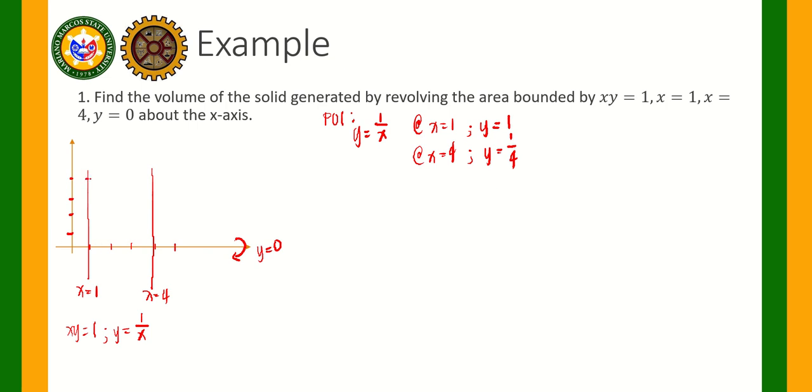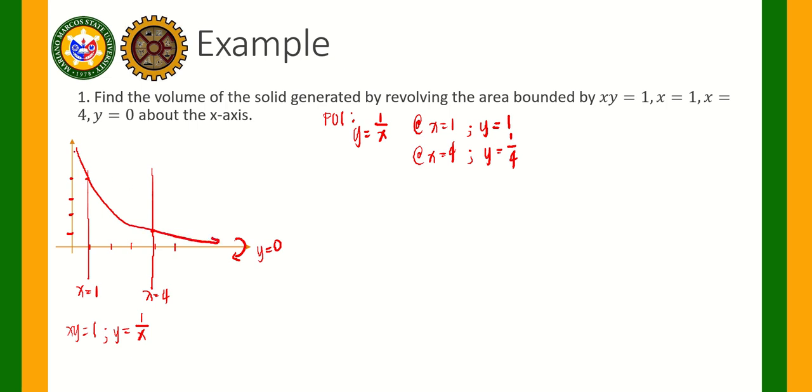So, here is our point. For x equal to 4, y is equal to 1/4, here is our point. So, these are the points of intersection between the function xy equal to 1, the line x is equal to 1, and x is equal to 4. So, it would definitely look like this one.